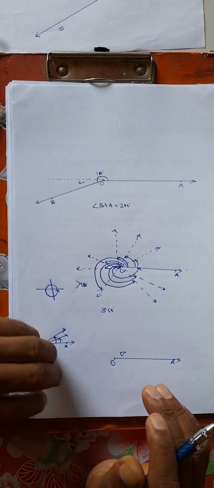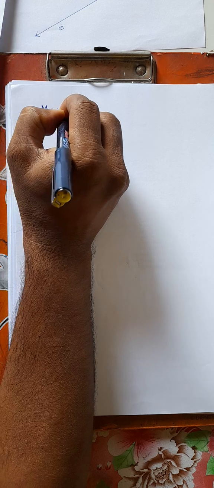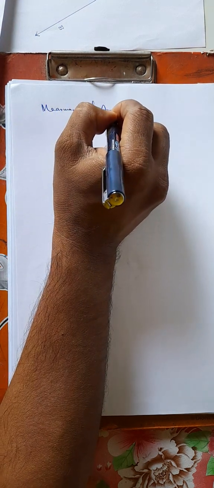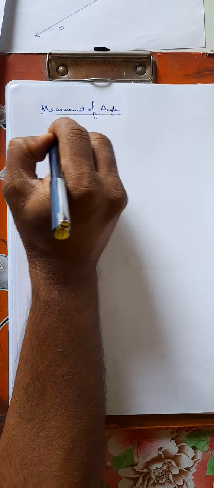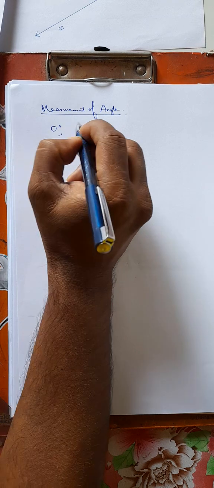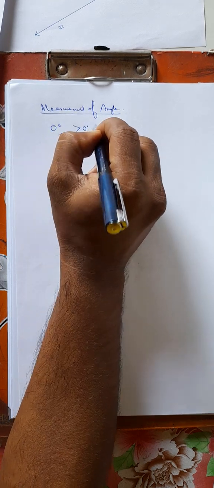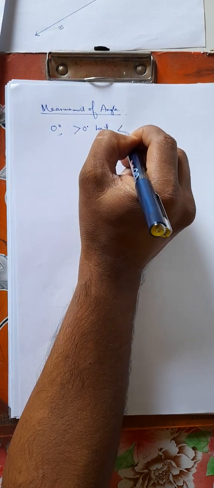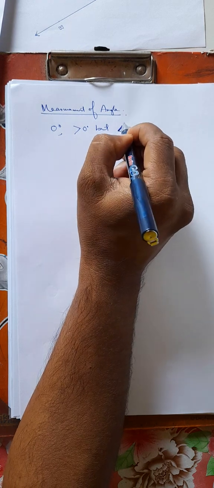So we find that the measurement of an angle can be 0 degrees also. It may be greater than 0 degrees but less than 90 degrees.